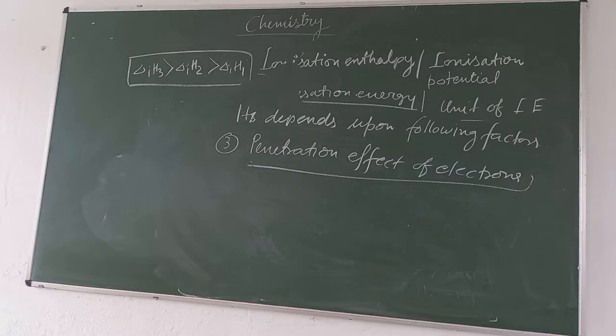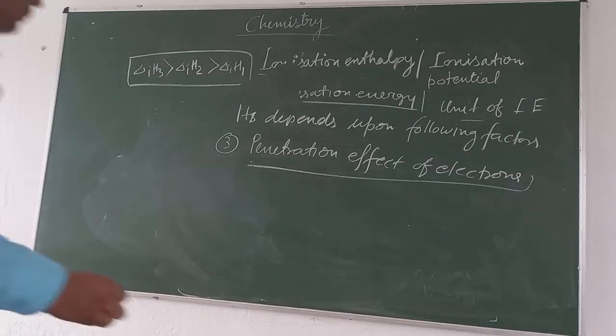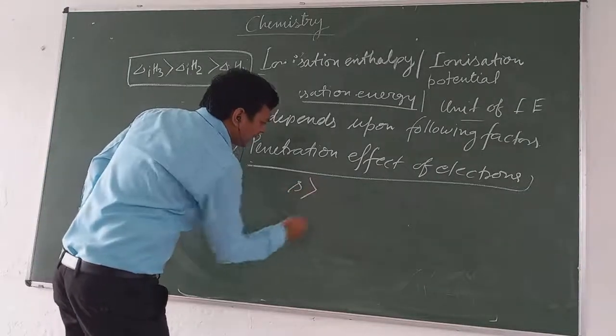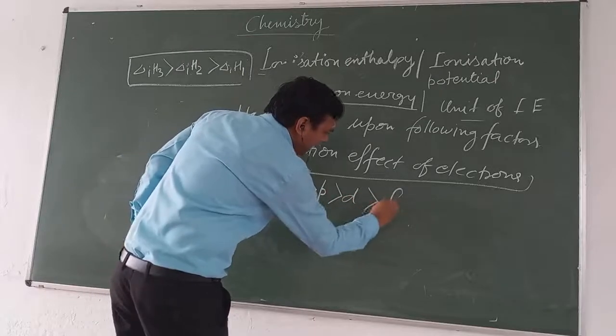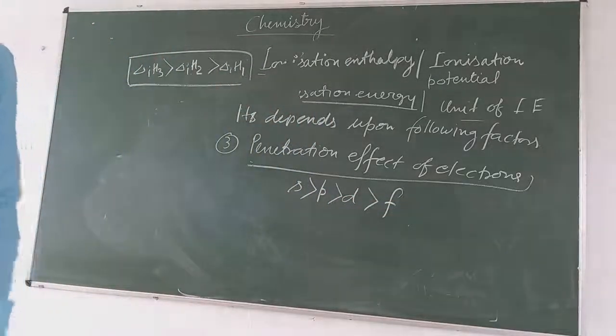Thus, s electrons are attracted towards the nucleus by greater force than p, d or f electrons. Therefore, ionization enthalpy for removing the s electron is maximum and it decreases in the order s greater than p, d and f.